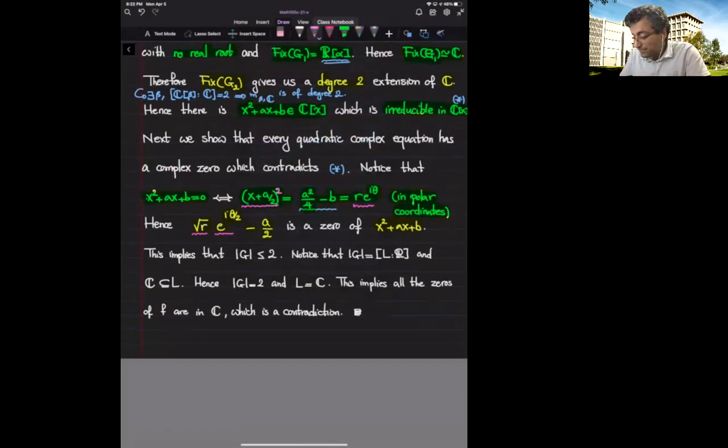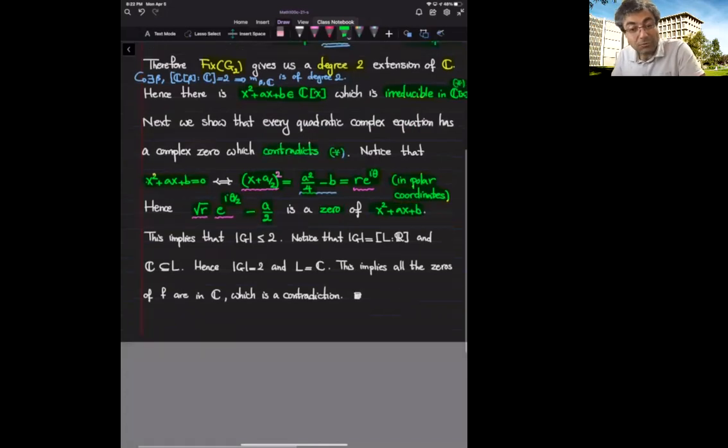So altogether, we get that this number, square root of r times e to the power i theta over 2, minus a over 2, is a zero of x squared plus ax plus b in the complex numbers. And that's a contradiction. That tells me that there is no such irreducible polynomial. So I get this contradiction that I claimed over here.